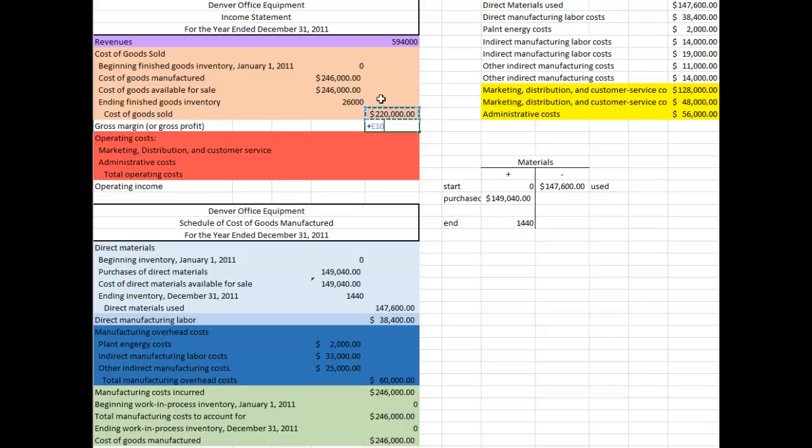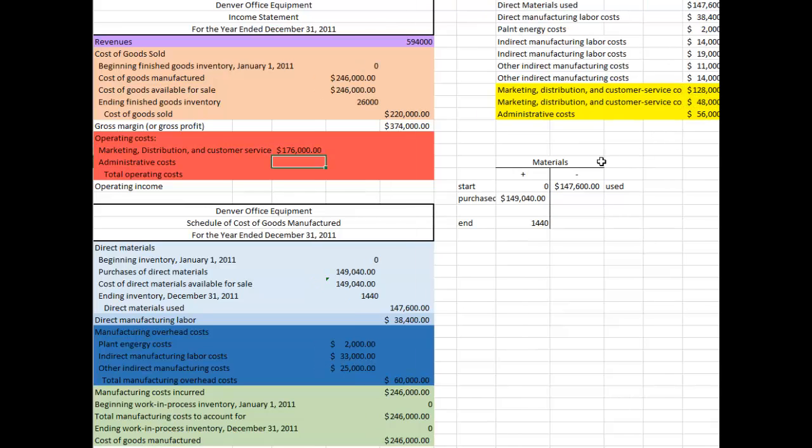So my gross margin is my revenue minus my cost of goods sold. And then I peel out these, remember these are period costs, these operating costs here are listed here in the yellow. We ignored those before in our prior computations in the prior portions of the problem. My manufacturing and my marketing and distribution customer service costs are these two added together, which are both the variable and the fixed.